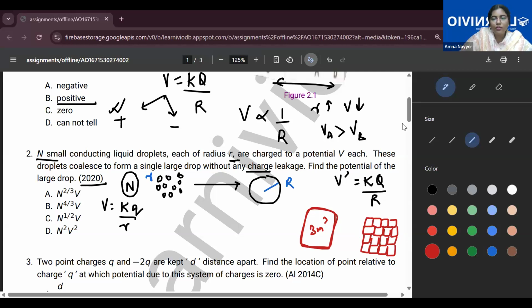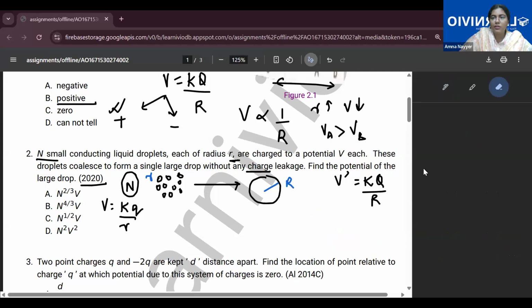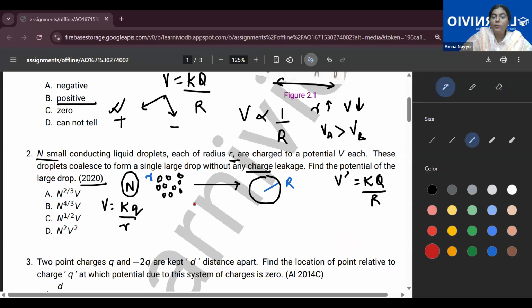So here also you have to apply the same concept: the volume is going to remain the same. Volume of all these small drops will still be the same. Small drops are there, you have added them and made a big drop, so volume will be the same. So 4 by 3 pi small r cube is equal to 4 by 3 pi capital R cube. 4 by 3 gets cancelled, pi gets cancelled.